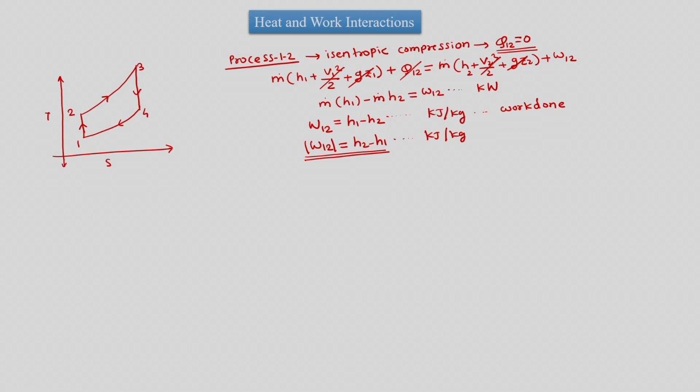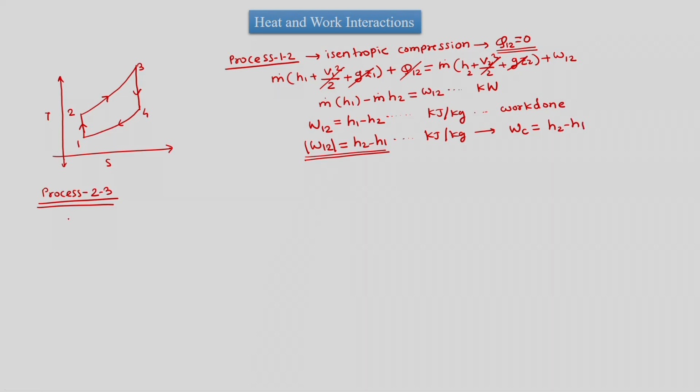Now consider process 2 to 3, for work and heat interaction. W12 is h2 minus h1. Since it is the compressor, we will say Wc is equal to h2 minus h1.